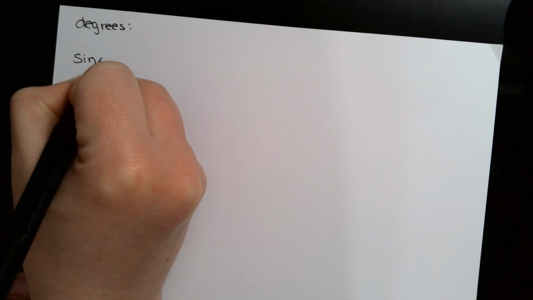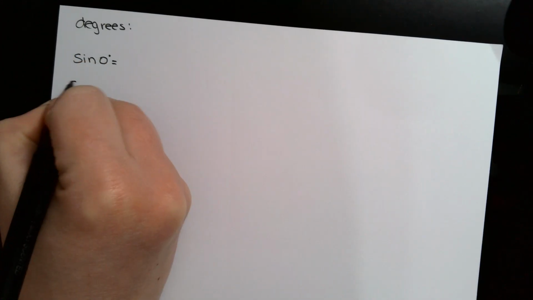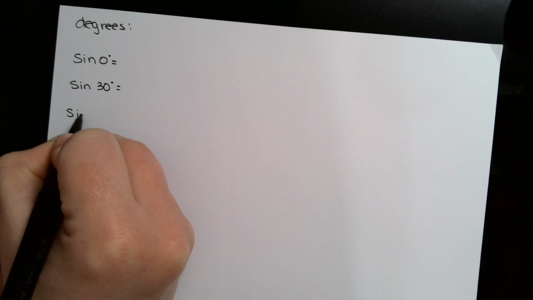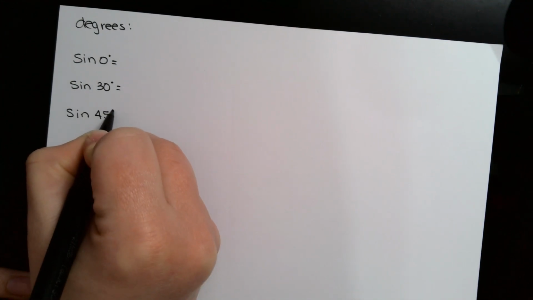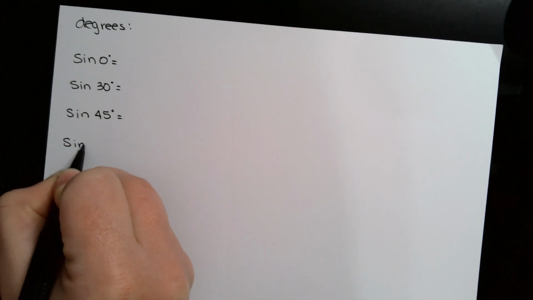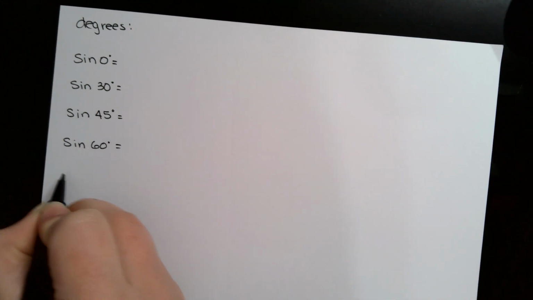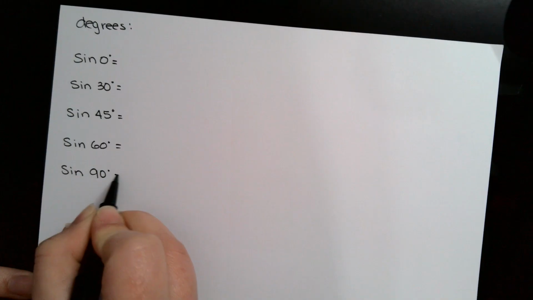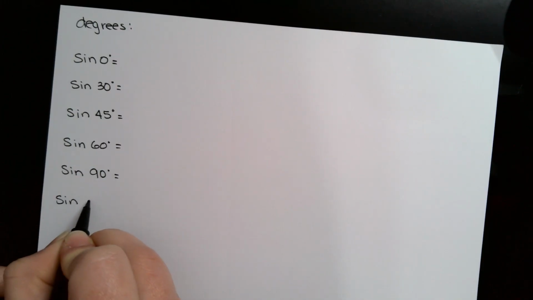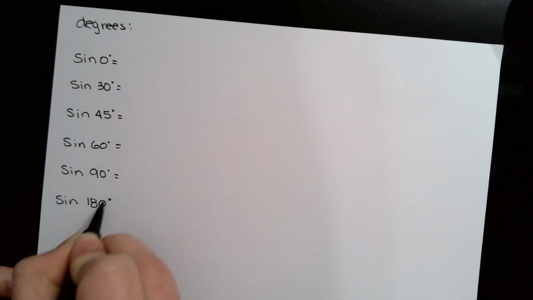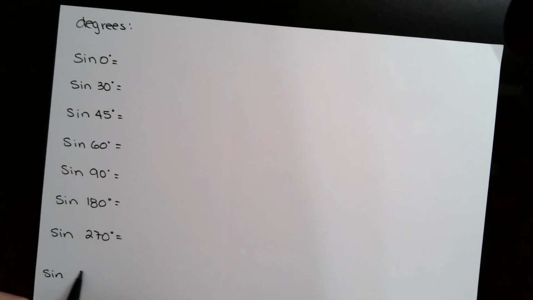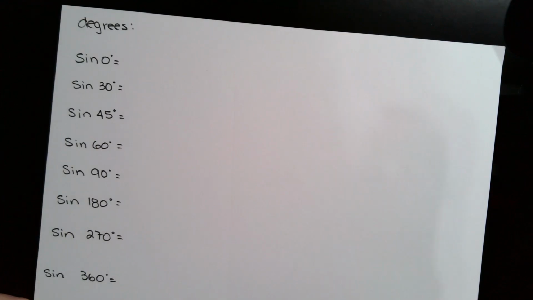Sine of 0 degrees, sine of 30 degrees, sine of 45 degrees, sine of 60 degrees, sine of 90 degrees, sine of 180 degrees, sine of 270 degrees, and sine of 360 where we started the initial.